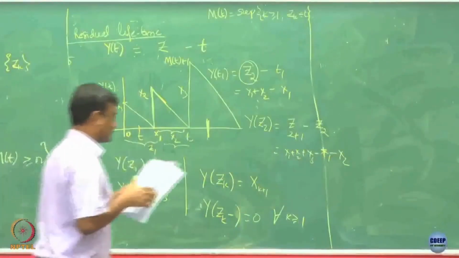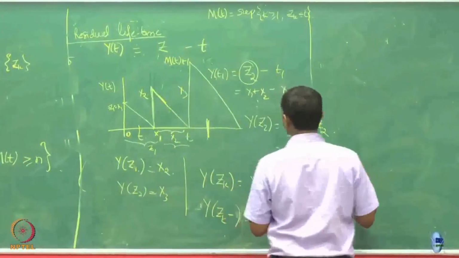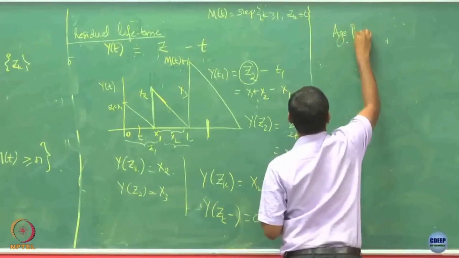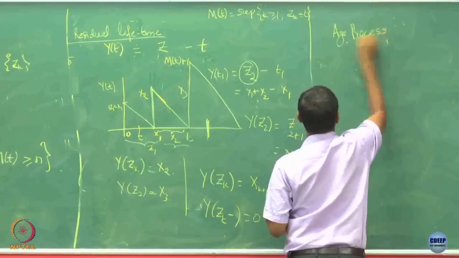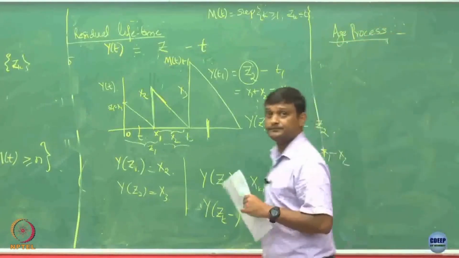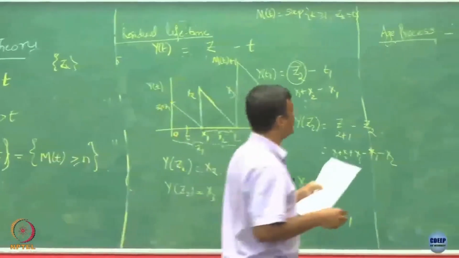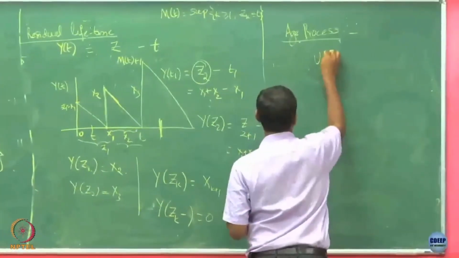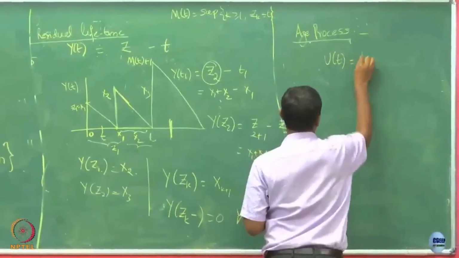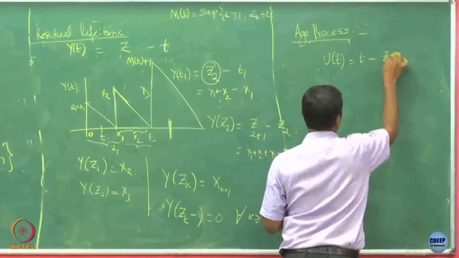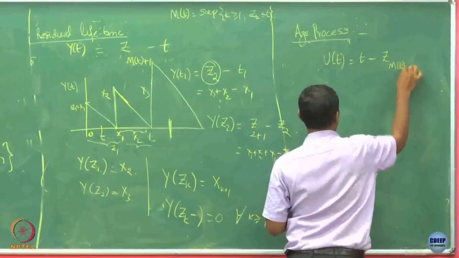This is called the age process. UT I am going to define as t minus z of m of t.